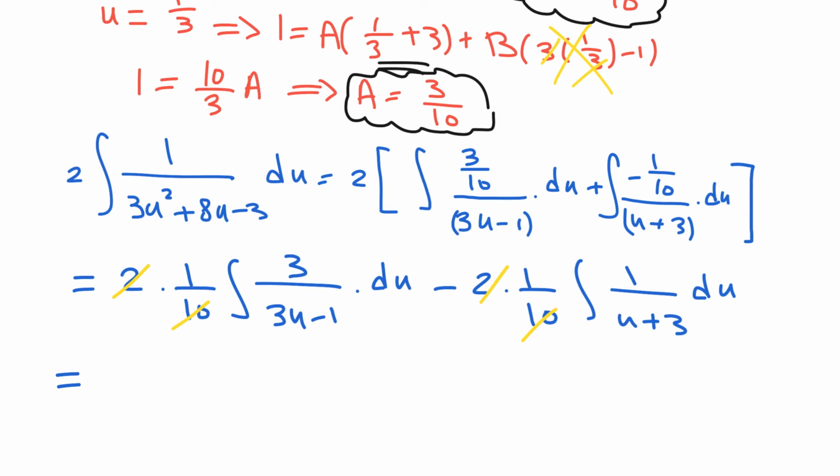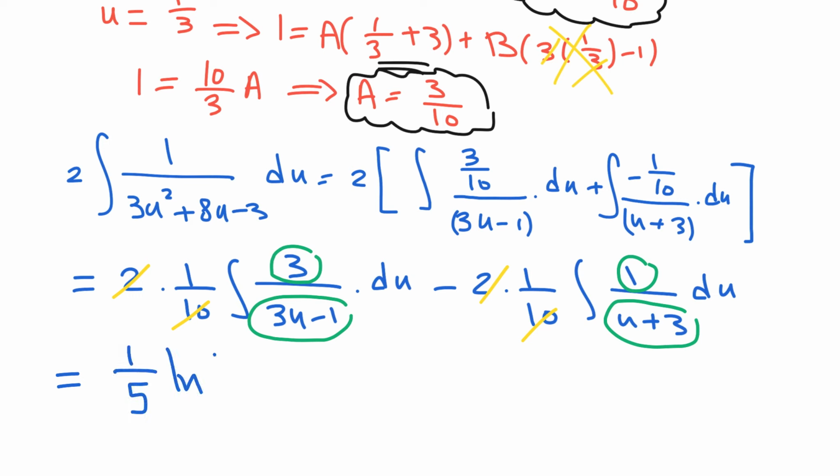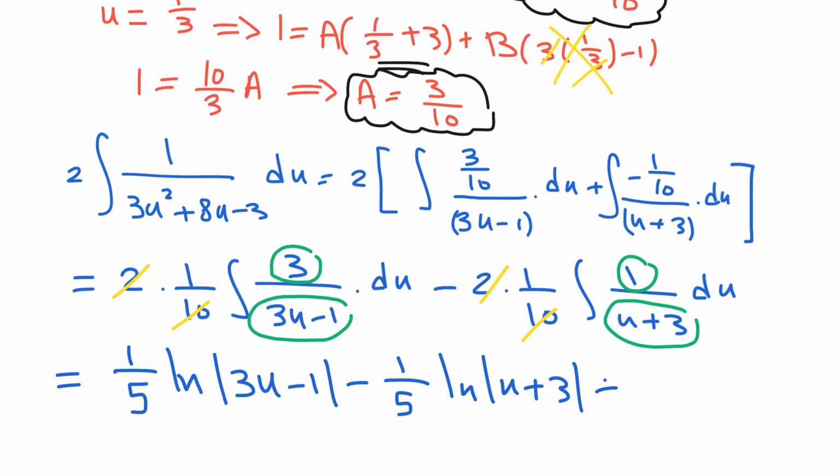And you can see now that 3, the numerator, is the derivative of the denominator 3u minus 1, so it will be logarithm. Also 1 is the derivative of u plus 3, so it will be logarithm as well. So now I can write 1 over 5 logarithm of the absolute value of 3u minus 1, minus 1 over 5 as well, logarithm of the absolute value of u plus 3, plus C, which is the constant of the integration.